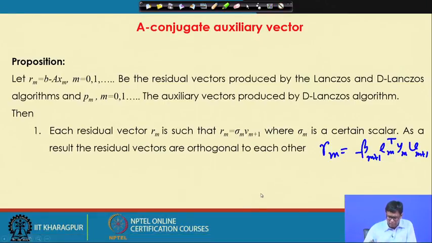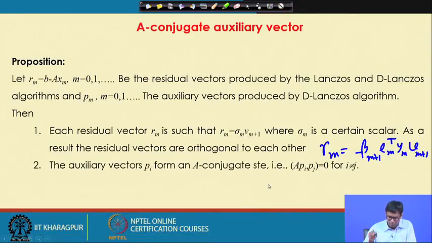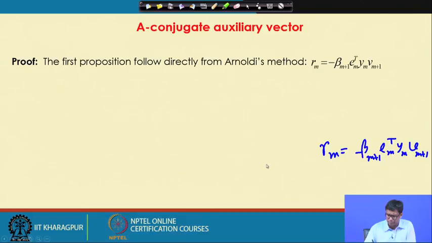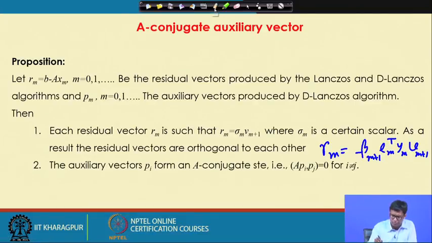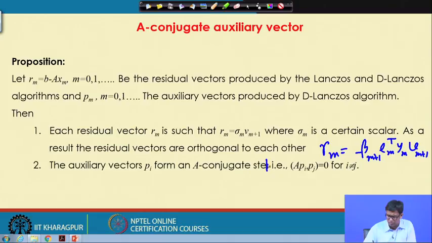And there is another proposition which is more important: the auxiliary vectors Pi form an A-conjugate set, that is, A Pi dot Pj is equal to 0 for i not equal to j.